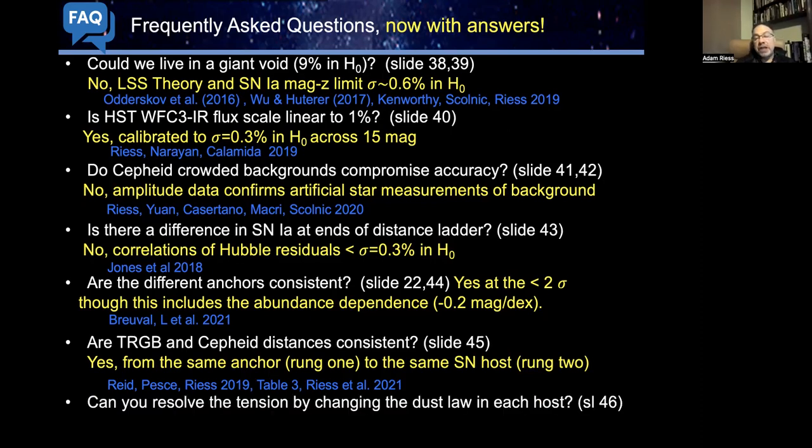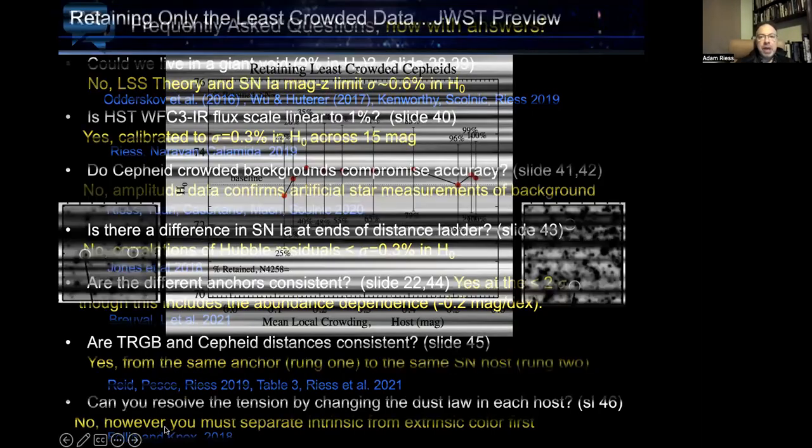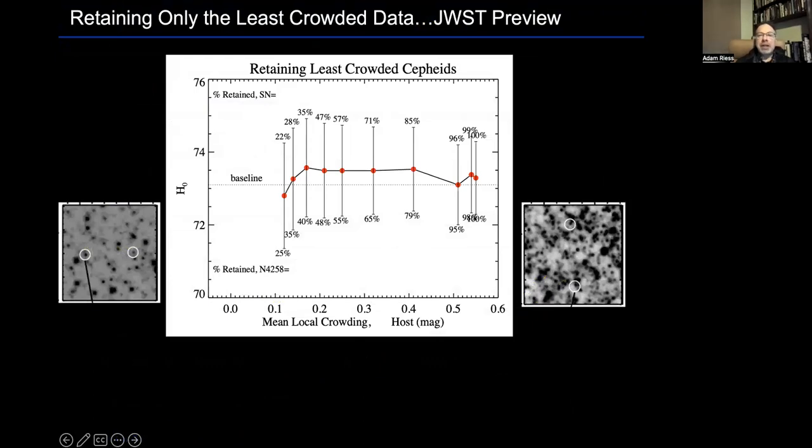Can you resolve the tension by changing dust laws in each of the hosts? No, because we're already observing in the near infrared, so the effects of dust on the Hubble constant are already at the 1 or 2% level, and errors we make in that are smaller than that. And this is a 9% problem in the Hubble constant, but there are also a number of different papers about that as well. Okay, I wanted to say something about JWST.